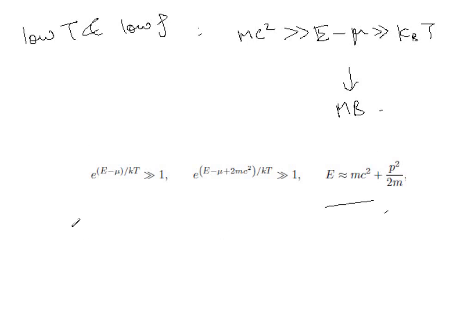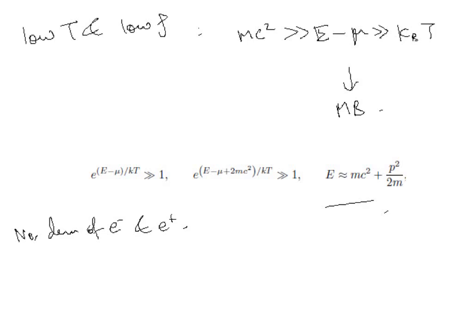And therefore, the number density of electrons and positrons can be calculated. So, because of this, the number density of electrons and positrons. What about it? Let us write it down.